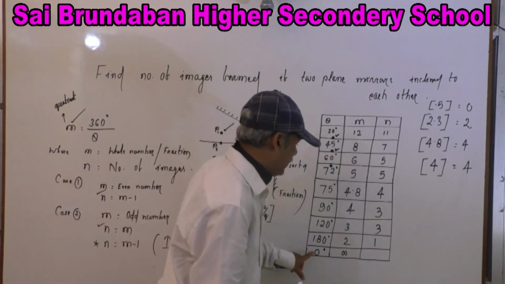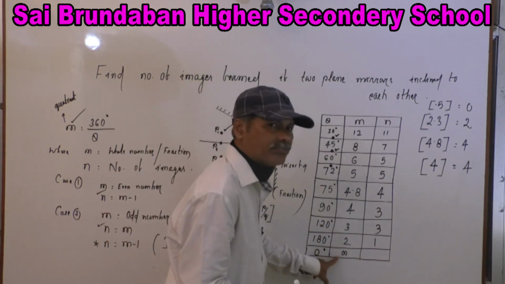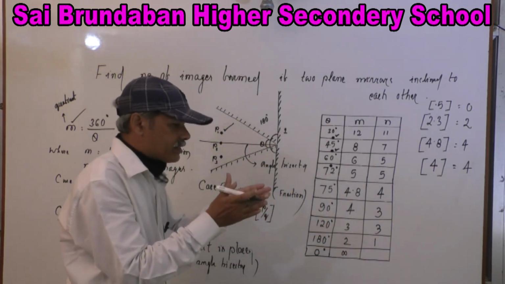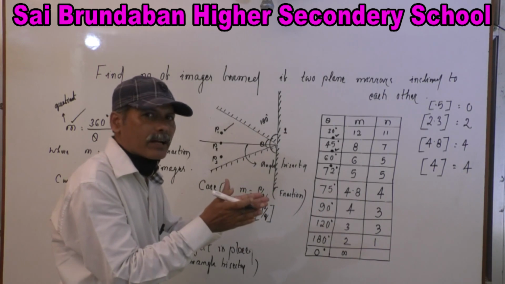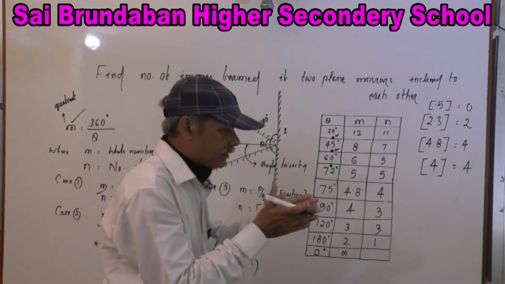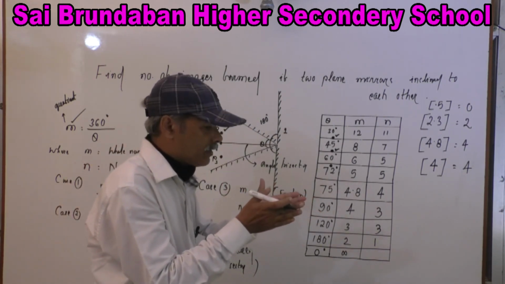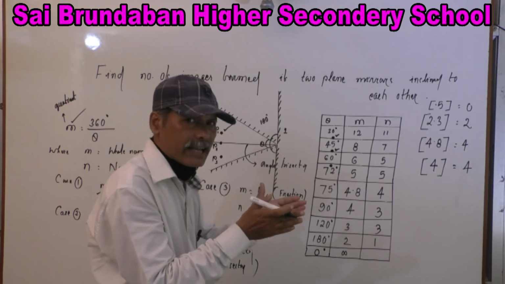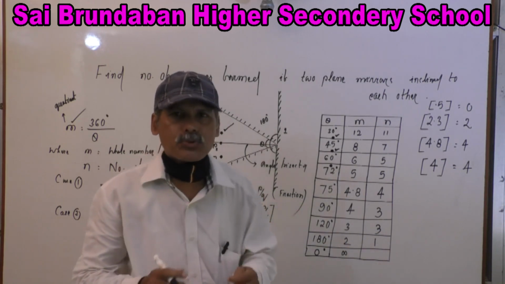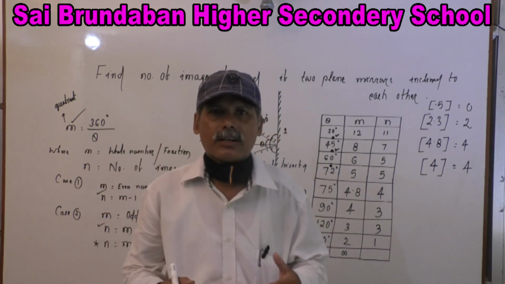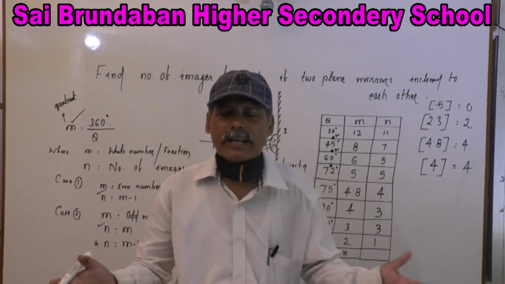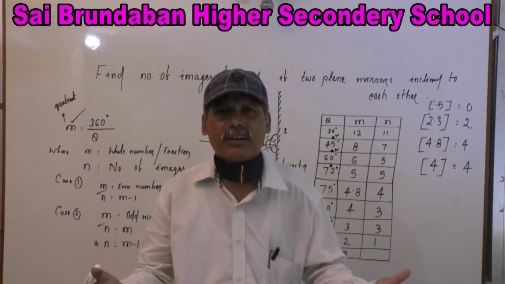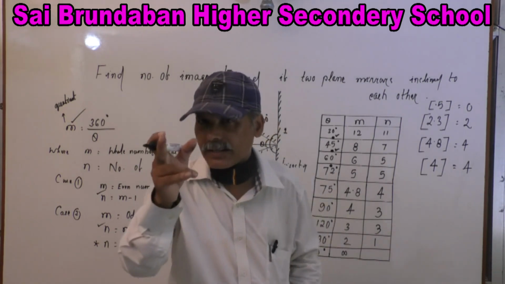When it is 0 degree, an infinite number of images will be formed because the two mirrors are placed parallel to each other and face to face. Generally, in a salon, when we sit for a haircut, you cannot count how many repeated images are formed by seeing the front mirror.